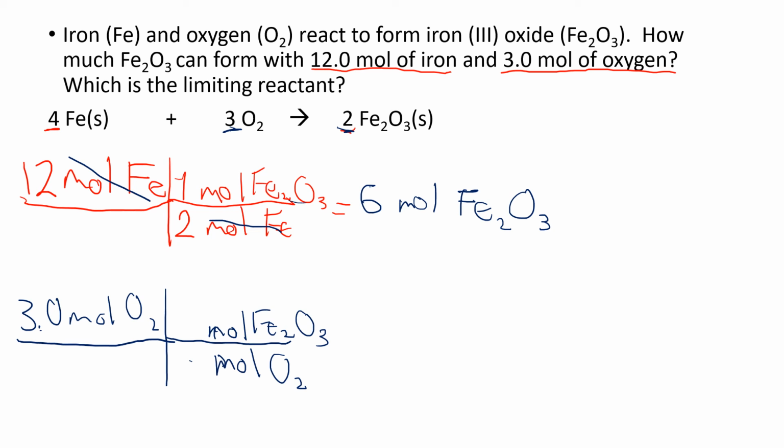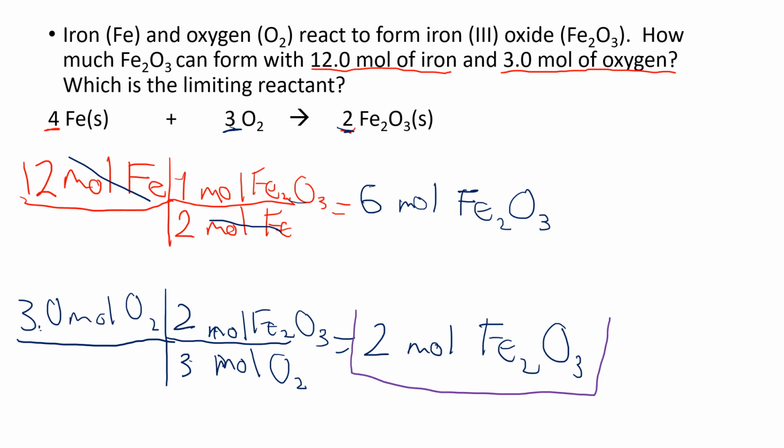And I've got a 2:3 ratio there. So now I multiply 3 times 2 divided by 3. That gives me simply 2 moles of iron 3 oxide.